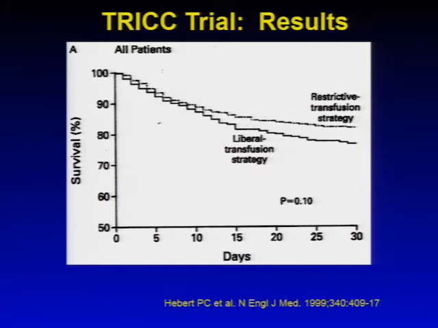When patients are given more red blood cell products, as indicated by a liberal transfusion strategy, the survival tends to branch off, especially 10 days to 15 days further down the line in this ICU patient population with similar Apache scores. And again, there are various reasons why, but clearly patients who are under a more liberal transfusion strategy are having worsening survival outcomes from the 0 to 30-day point.